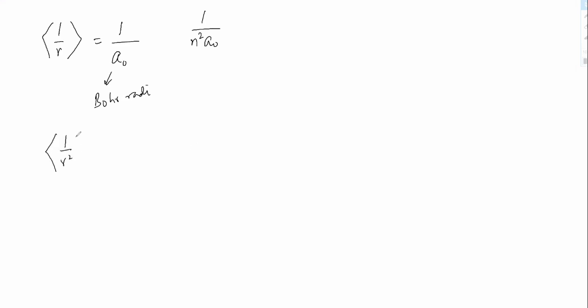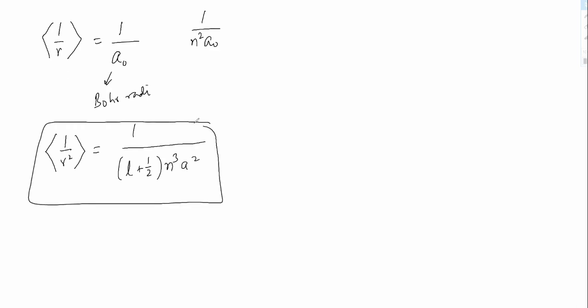The other quantity of relevance is the expectation value of 1 by r square, which will turn out to be 1 by l plus half n cube a square. I don't expect you to get this; we will do it in the class. But your task is to find out that the expectation value of r for the ground state of the hydrogen atom is nothing but the Bohr radius.